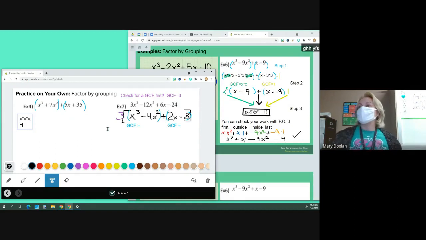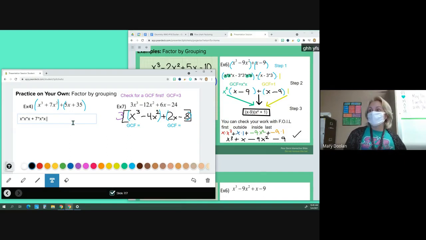And then we're adding to that 7x squared. 7 is a prime number, so it's 7 times x. I'll go back and add in my parentheses in a second. For the second two terms, 5 times x, 5 is prime, plus 35. 35 comes from 5 times 7, which are both prime numbers.